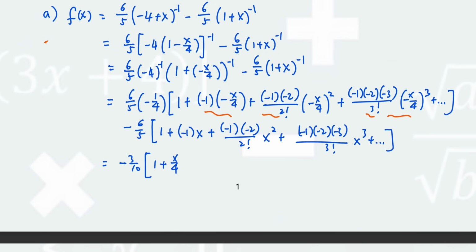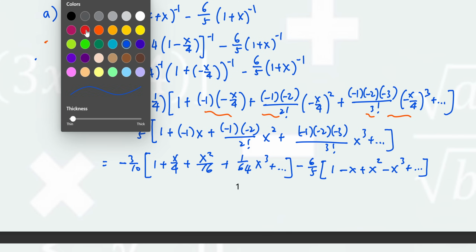Alright, so you will be getting x squared over 16, plus 1 over 64 x cubed. Okay, and for the next expansion, it's going to be minus 6 over 5 times 1 minus x plus x squared minus x cubed.